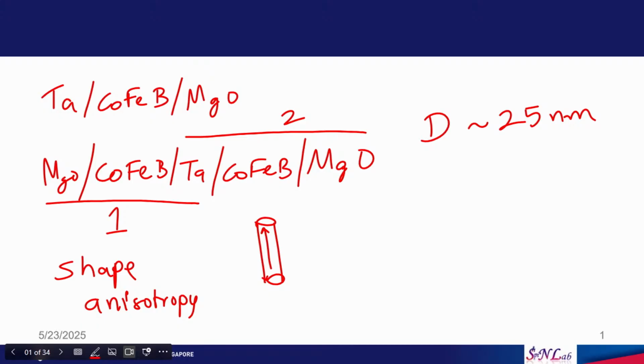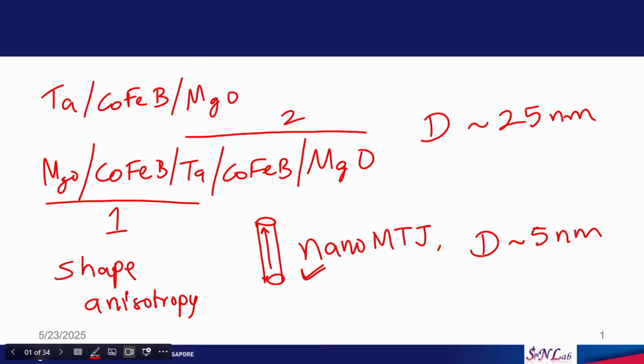This is called a nano MTJ. With this, researchers have shown even 5 nanometer MRAM. I mean, theoretically and maybe lab-wise this works.